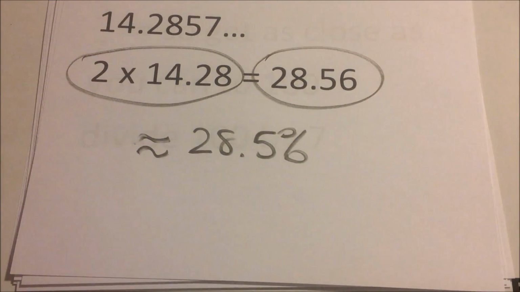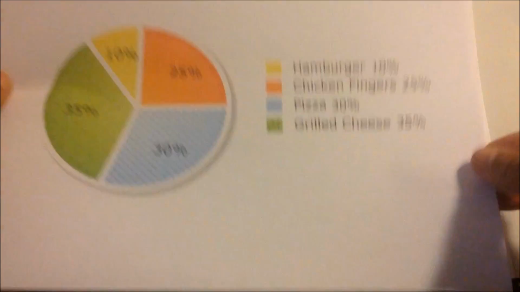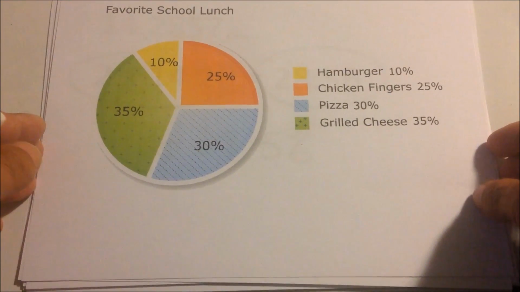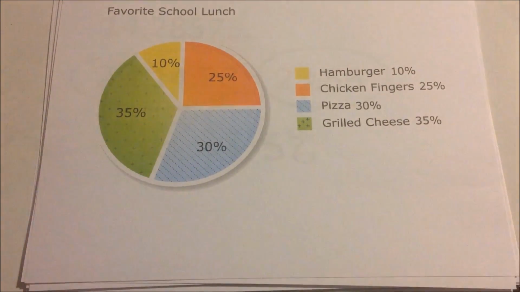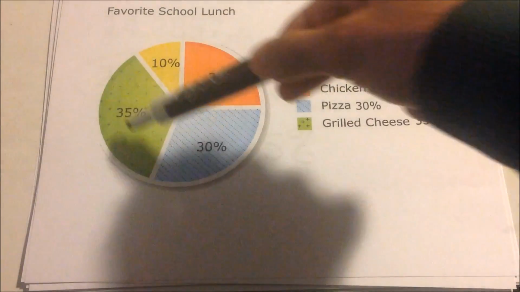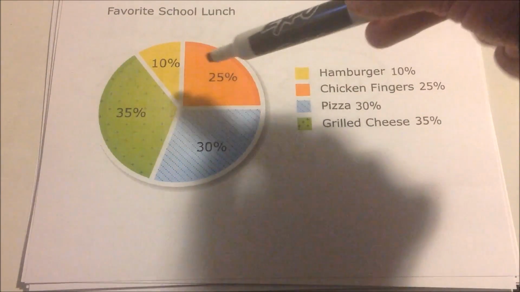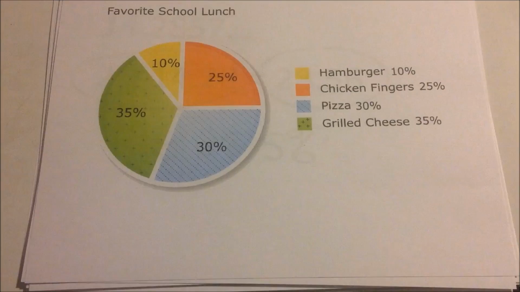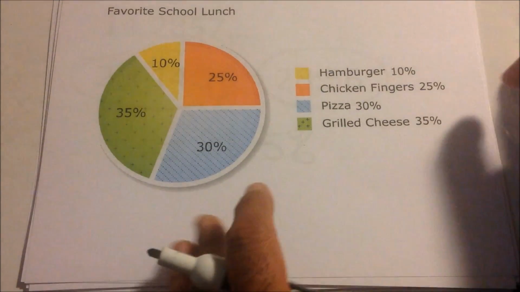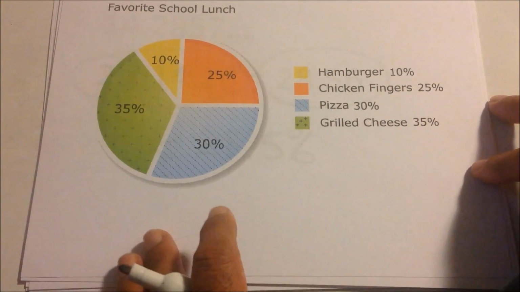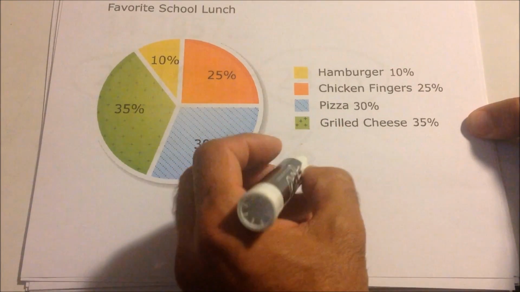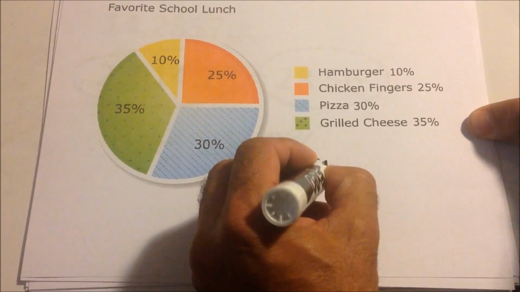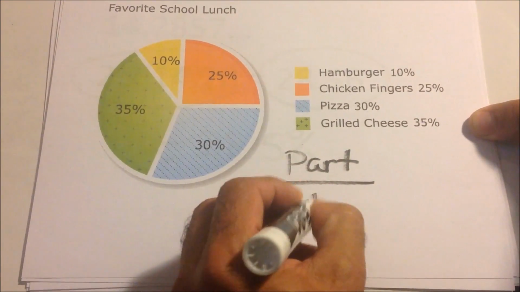Now when you're looking at percent graphs, like the circle graph here, it's very important when you see graphs that they all equal 100%. 100% is all you can have, right? Now you can make percents greater than 100, and we'll talk about that. But remember, it has to make sense. Part to whole is what we're looking at.